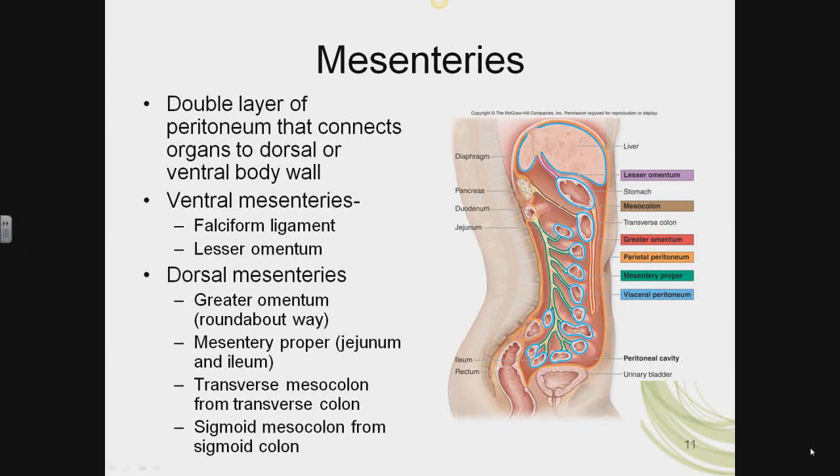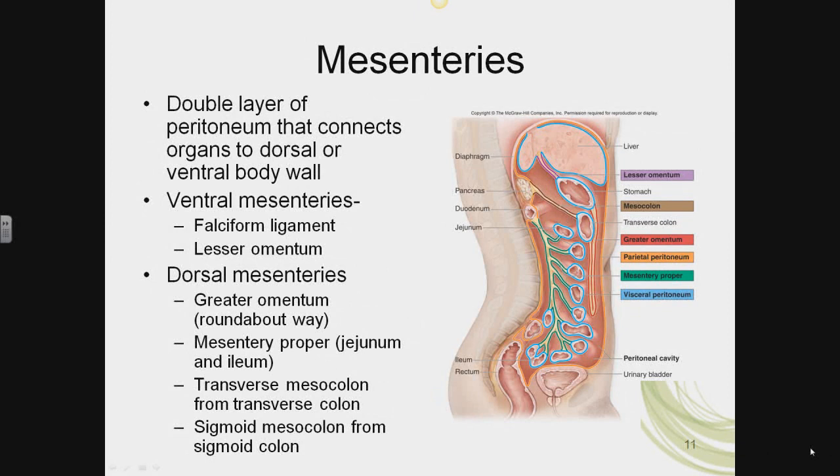We do have models that show these different types of mesenteries, and they can also be tagged, many of them, on the cat. For example, the falciform ligament is definitely a mesentery you should look for to be tagged on the cat. It anchors the anterior surface of the liver to the abdominal wall.